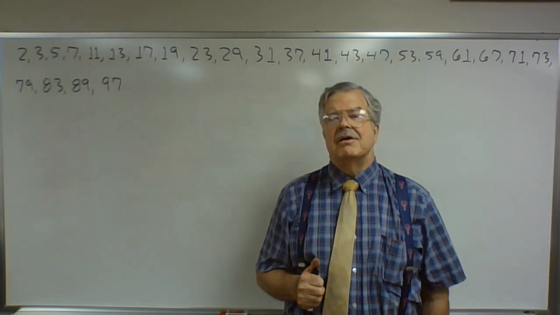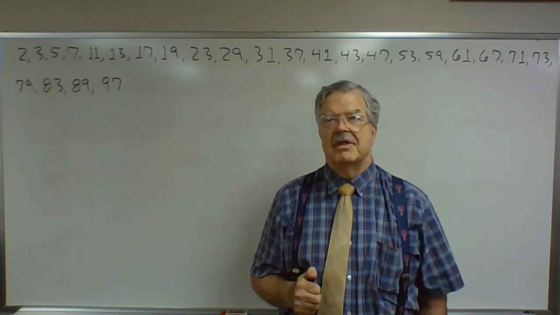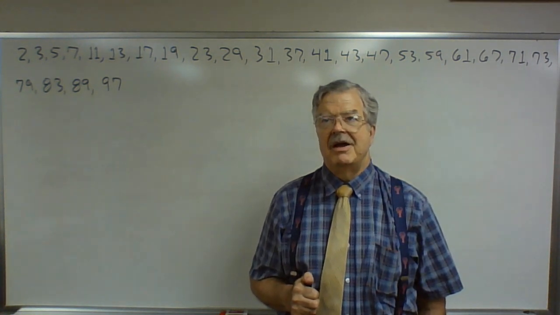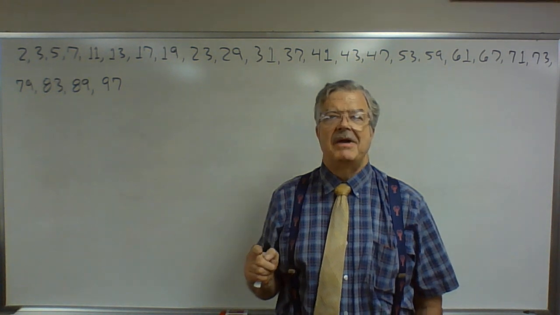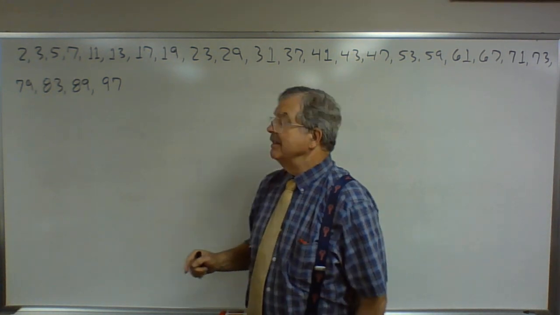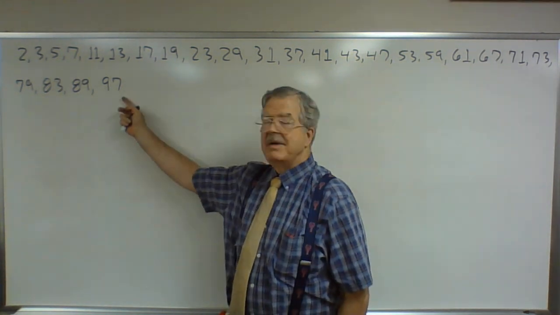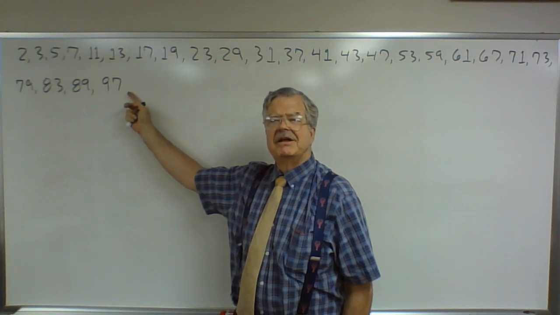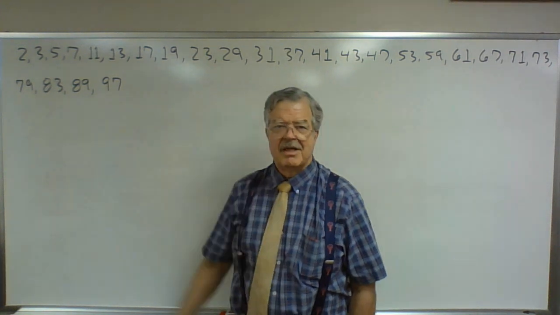So any composite number less than or equal to 10,000 has a prime factor less than or equal to 100. As a matter of fact, it has a prime factor less than or equal to 97.